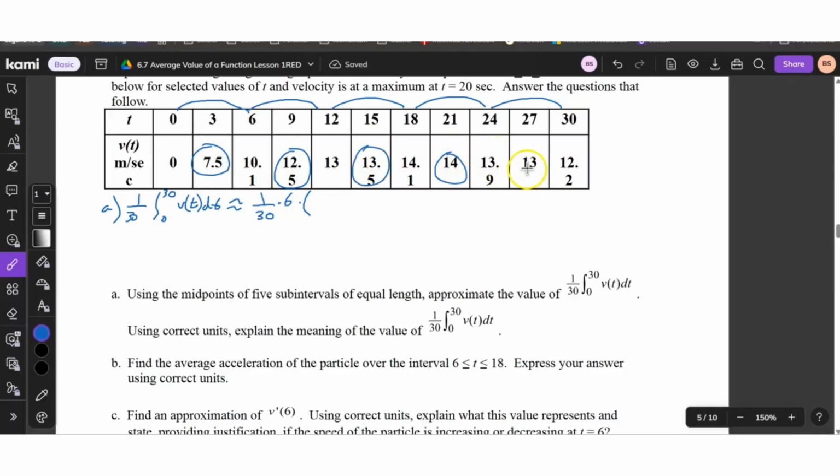Where are those numbers on the bottom? Because the table's done poorly. Anyway, so 7.5 plus 12.5 plus 13.5 plus 14 plus 13. 6 over 30 is just 1/5. And then this is what?